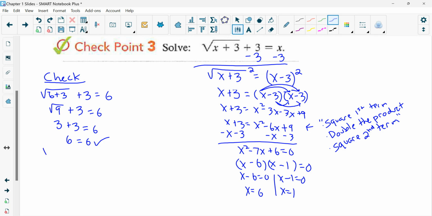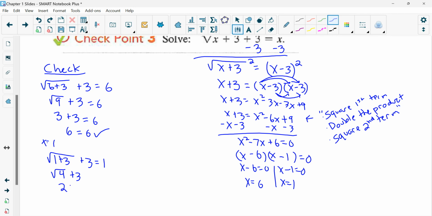When I go and plug in x equals 1, let's see what happens. 1 equals square root of 1 plus 3, plus 3. And so I get the square root of 4, and the square root of 4 is 2. 2 plus 3 is 5.